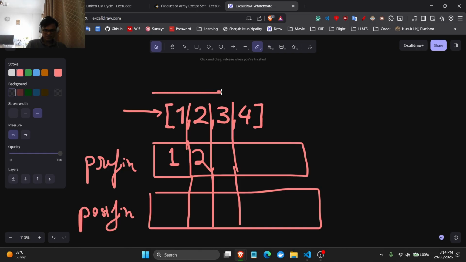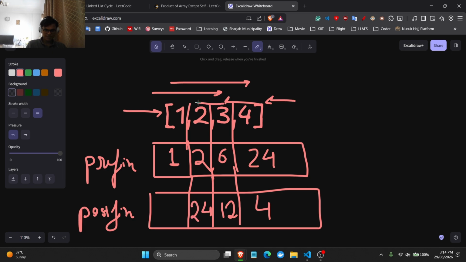Then 3, which is 3 times 2 is 6, and then 4, which is 4 times 6 is 24. Then I do a postfix: 4, then 4 times 3 is 12, 12 times 2 is 24, and 24.